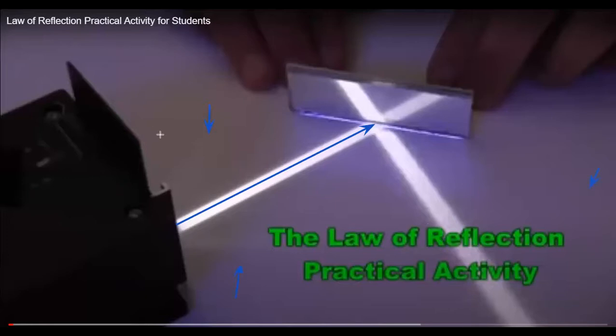It's a paper, it's a surface. Am I right? So the incident ray is on the paper surface.